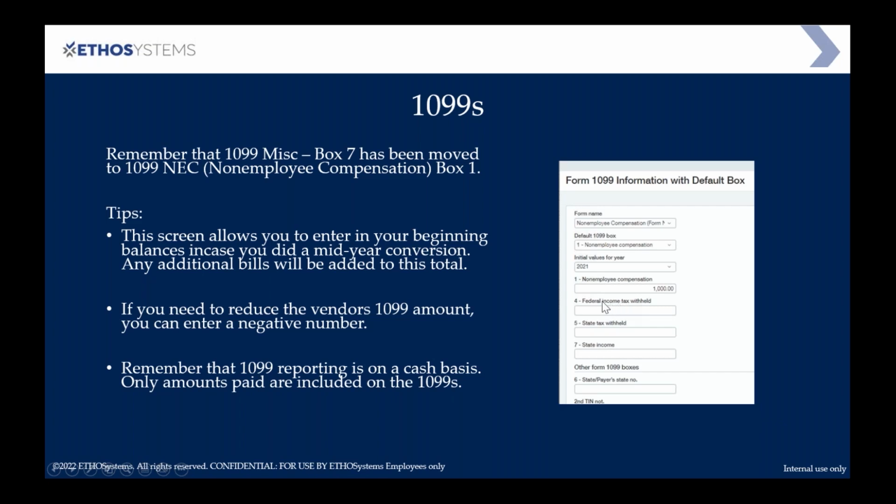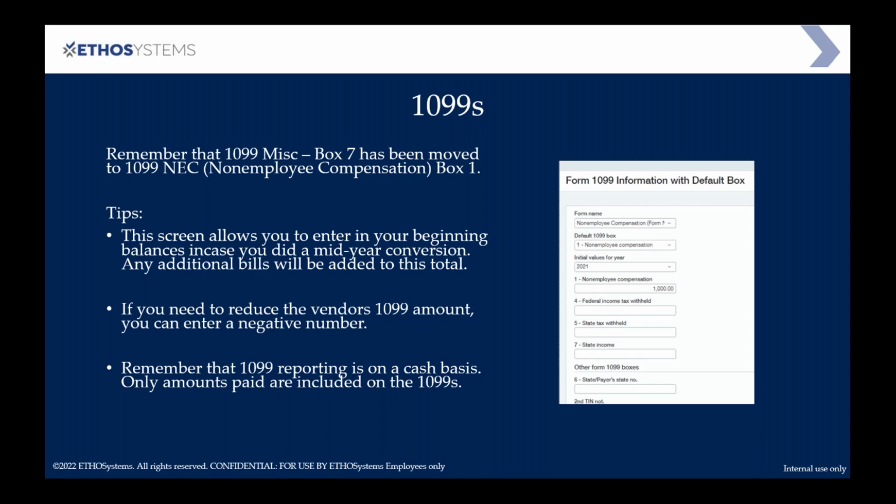If, for example, there were invoices that should not have received a 1099, you can adjust those invoices and edit them for the 1099s. But you can also just make it easy and put a negative number on this screen, and it makes our lives a lot easier. The one other thing I always tell people is, we get a couple calls like, hey, these invoices are not showing up on my 1099.